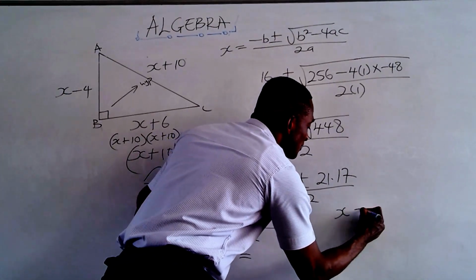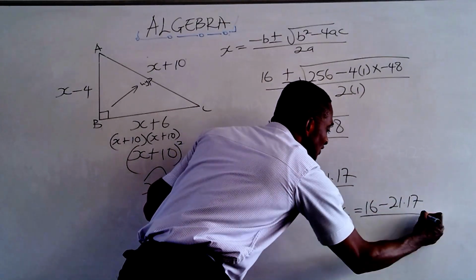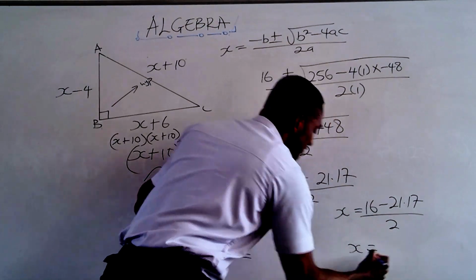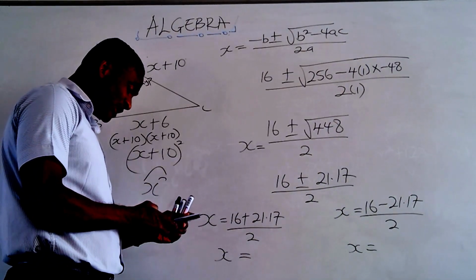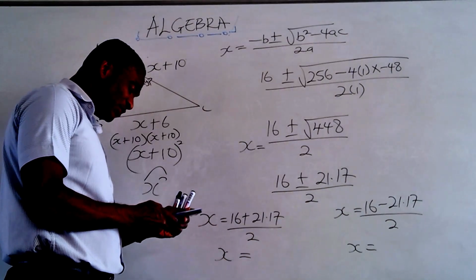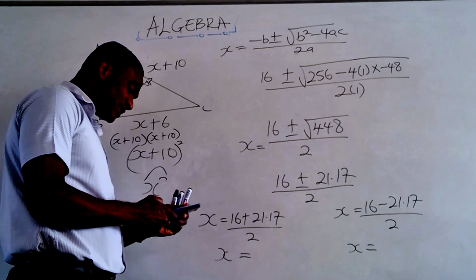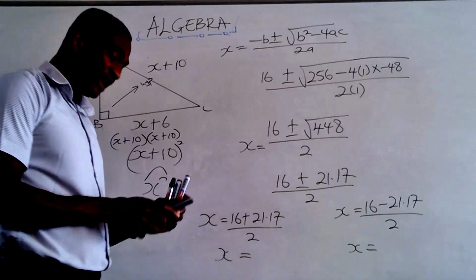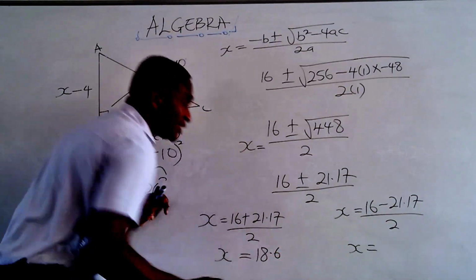And the second value will be 16 minus 21.17 divided by 2. So these will return the two values of x, and we will logically choose the one that is right. So if I have 16 plus 21.17 divided by 2, I have 18.6 approximately for x.